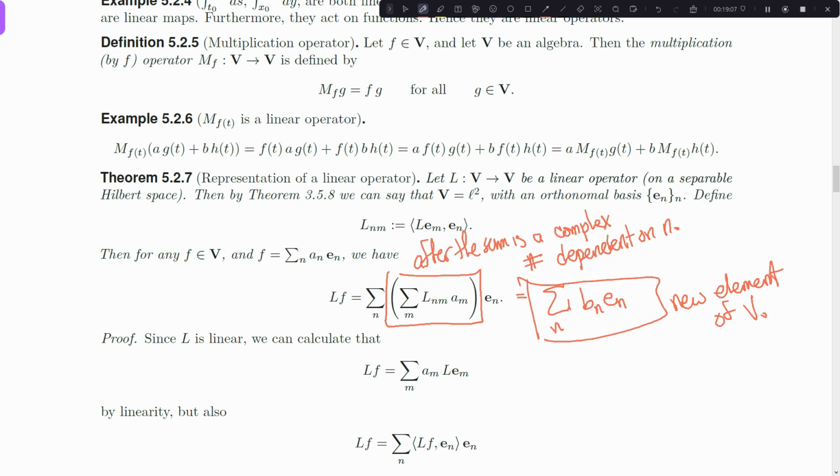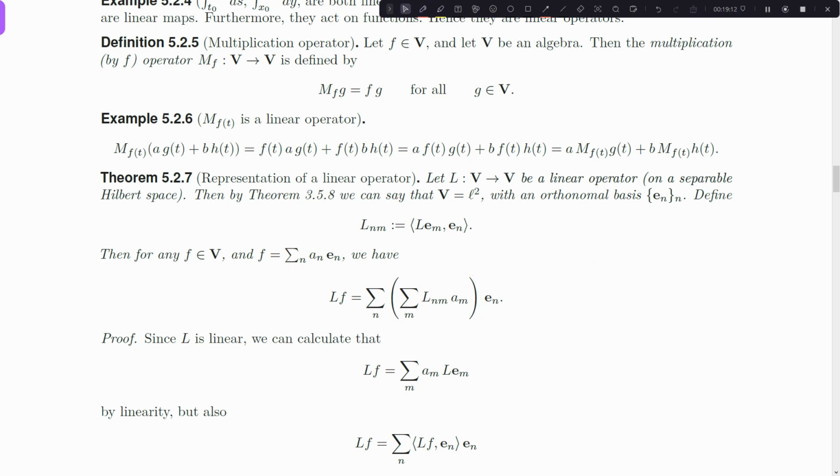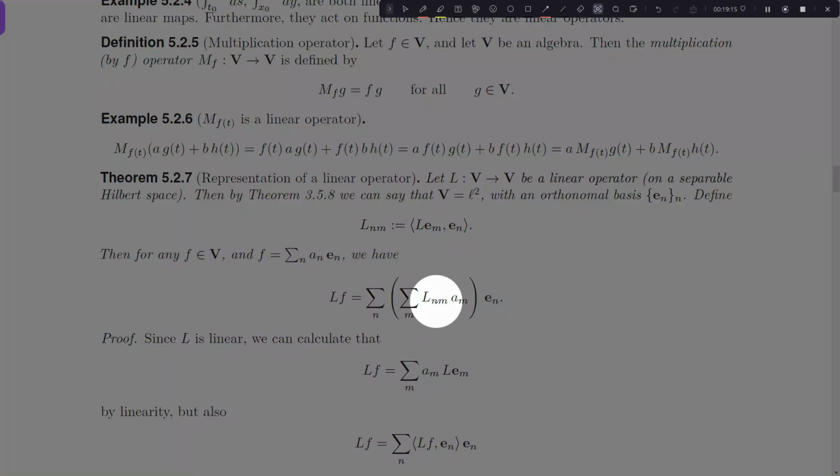It's going to be much more concrete when we look at some examples of this. But all I'm trying to say is, if we look at this term right here, this looks exactly like matrix multiplication of the matrix capital L, where the nth row, mth column is given by this number, and then a sub m is the vector which the matrix acts on.